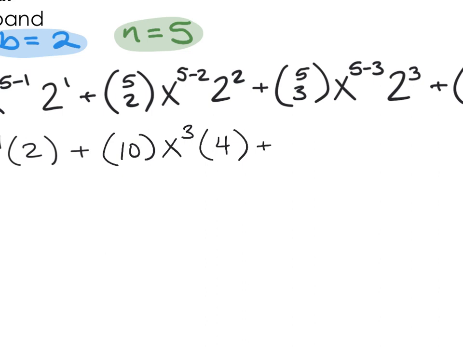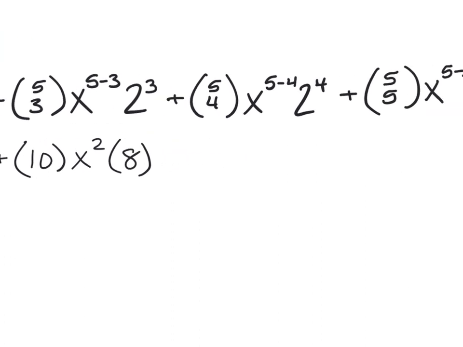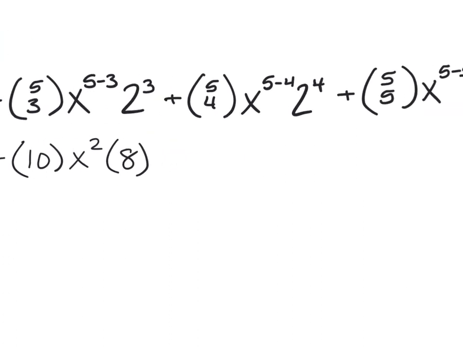Five choose 3, again going back to that combination, also is 10. X to the 5 minus 3 is 2, and 2 cubed is 8. Five choose 4, if we do that in our calculator, gives you 5. X to the 5 minus 4 is x to the first power, and 2 to the fourth power is 16.